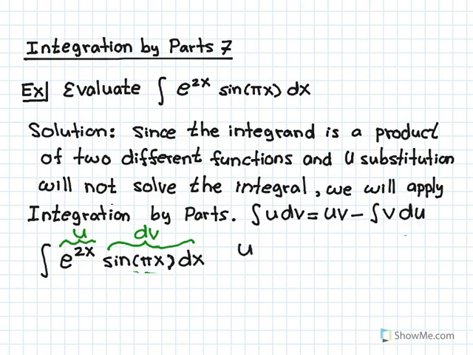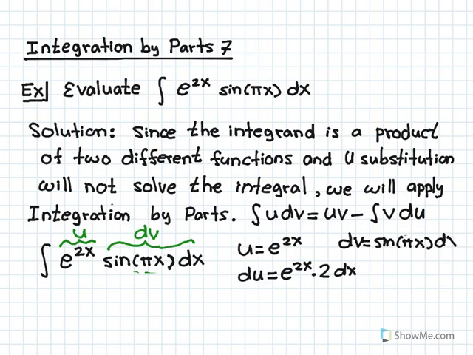u is equal to e to the 2x. The derivative of u is going to be e to the 2x multiplied by the derivative of the exponent, that is 2, times dx. dv is what is left over. dv is equal to sine of pi x dx.